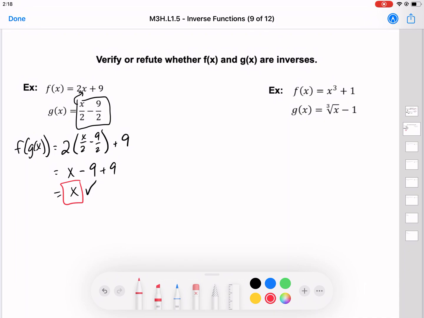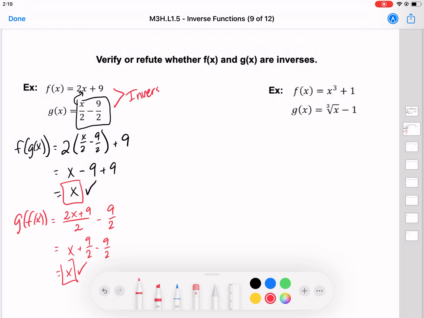Technically, you're always supposed to check the other way around as well, so I'll show you that really quick. So we're going to put now 2x plus 9 over 2 minus 9 over 2, which you could split up as x plus 9 over 2, so 2x over 2 is just x, minus 9 over 2, and that also gives you x. So these two are inverses of each other.